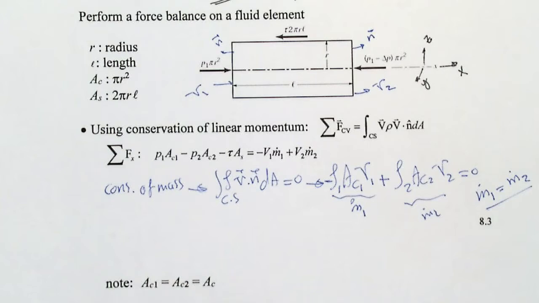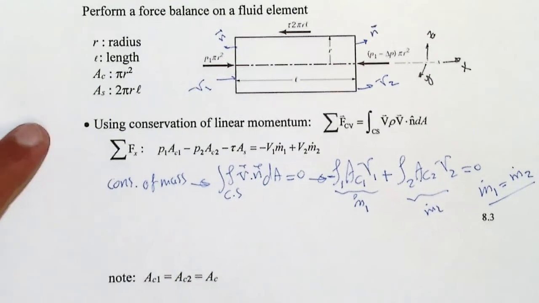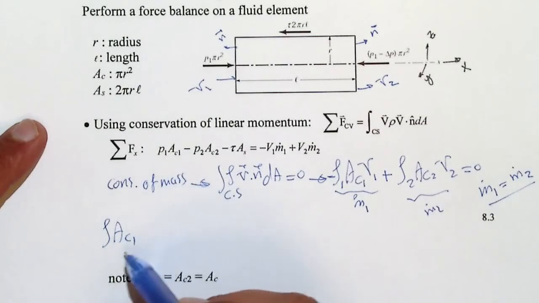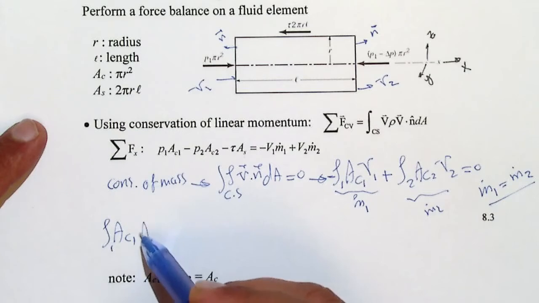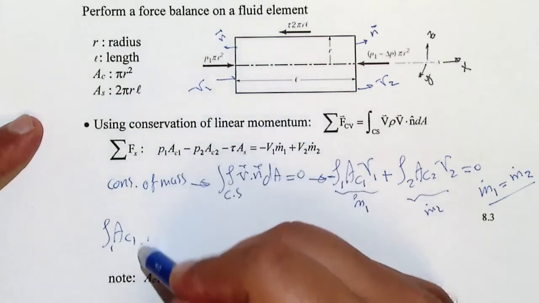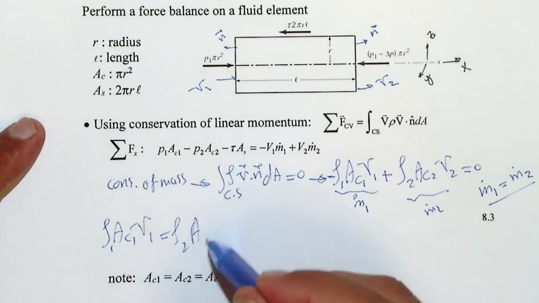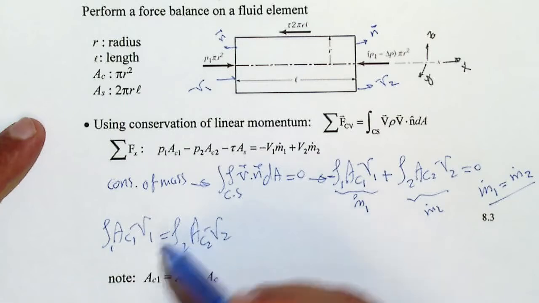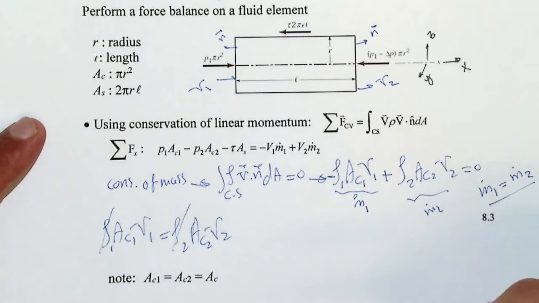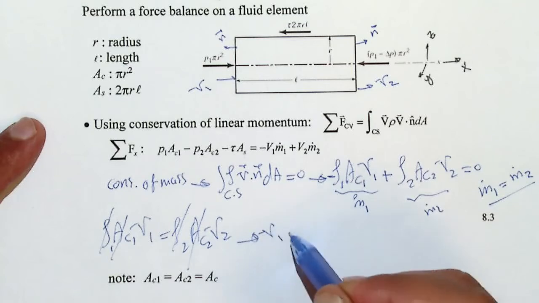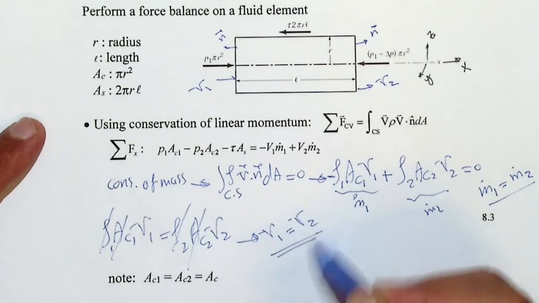So rho is a constant, then we can say that V1 and V2 are equal, right? m dot 1 and m dot 2 are equal, so rho 1 AC1 V1 has to be equal to rho 2 AC2 V2 because of conservation of mass. Since we assume that it's incompressible, we can get rid of the rhos, and AC1, AC2 are equal. So V1 is equal to V2, right?